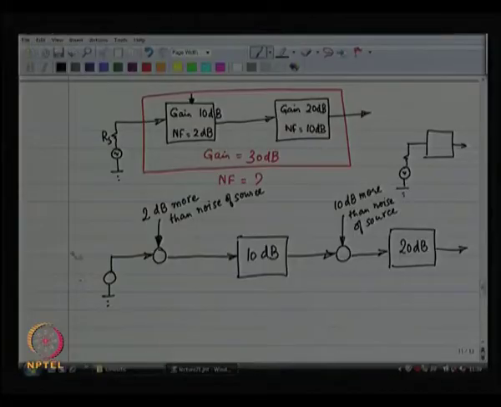Let us say that the noise of the source is n. This is really a noise power, so V n squared, mean squared voltage, that is what we are talking about. 2 dB more than that is how much?